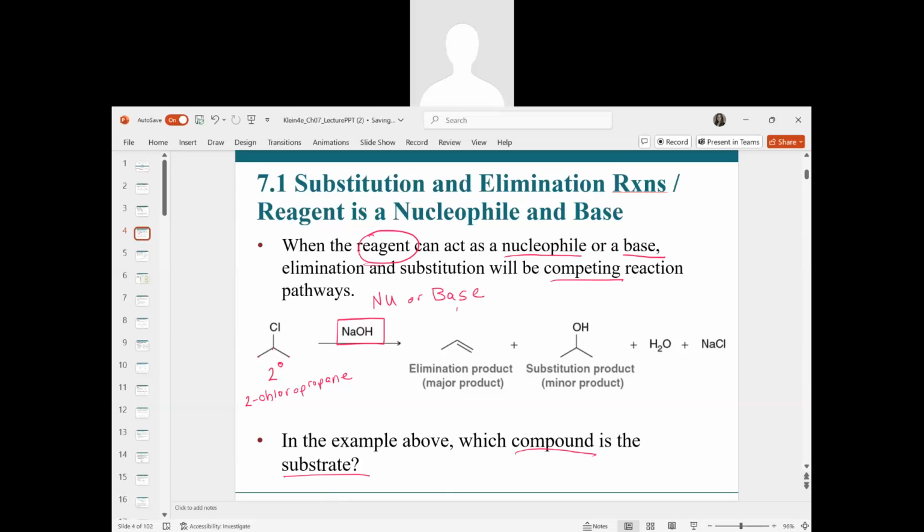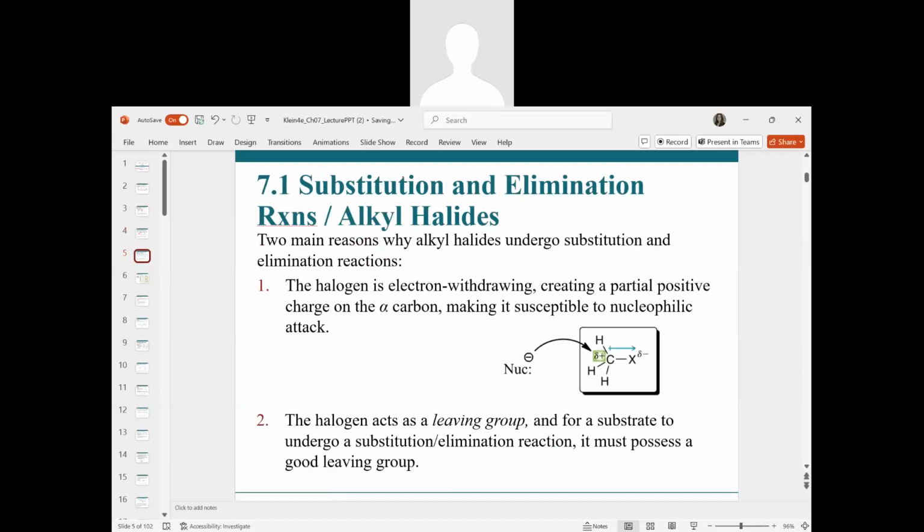So what we see here is when it acts as a base, we're going to have an elimination product, which would also be our major product with this specific substrate, we will see. And then as it acts as a nucleophile, we would end up over here with a substitution that occurs. So this is our minor product noted for a secondary substrate.